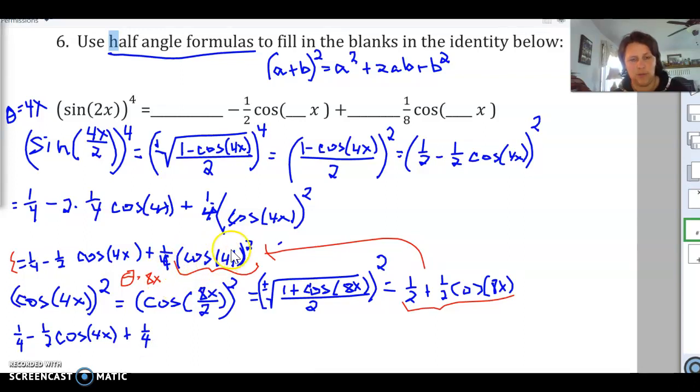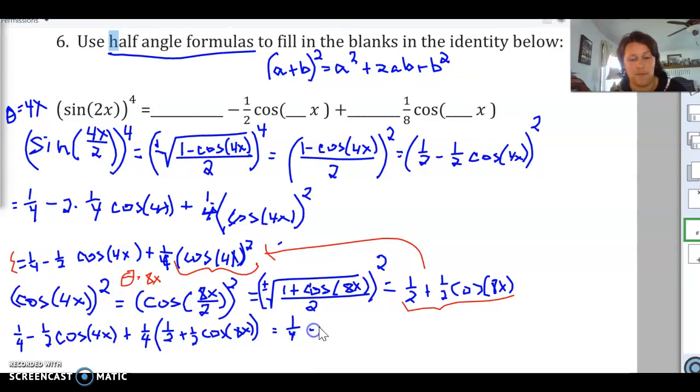So I rewrote that equation, did a power reduction, and got 1/2 plus 1/2 cosine of 8x. And now, finally, well, this isn't quite final yet. I'm still going to have some work to do.